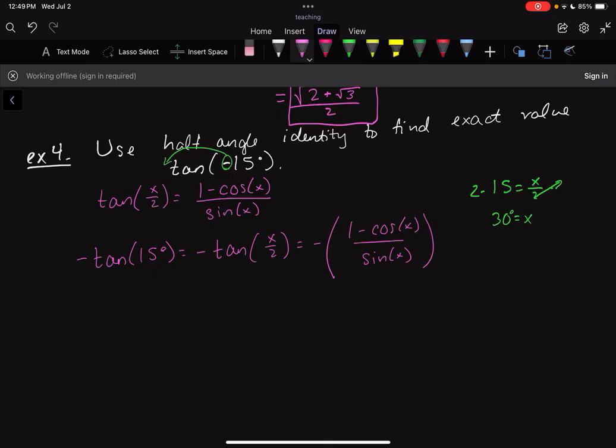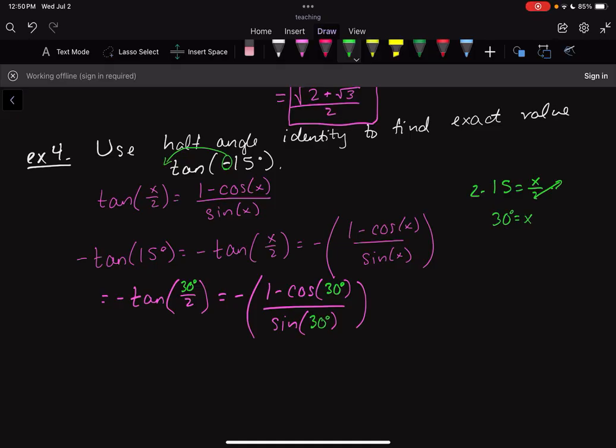So I'm going to rewrite what I've got. So I have negative tangent, and now instead of x, I'm going to have 30. And now it's just a matter of simplifying.